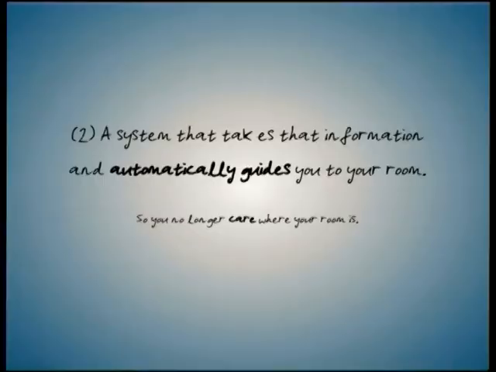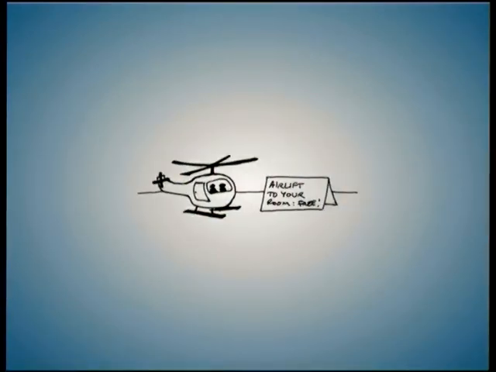I know where my room is. All of that has to be done by the system by itself. What I essentially want is something completely automated that takes this information and automatically guides me to my room. So I no longer need to care where it is because it could be anywhere, right? So what I really want is one of these neat little automated robotic helicopters that read my thumbprint, and then I get in, and it airlifts me to my room.